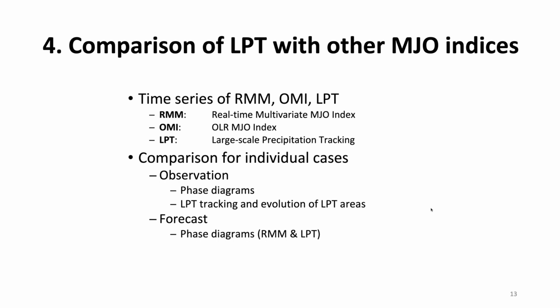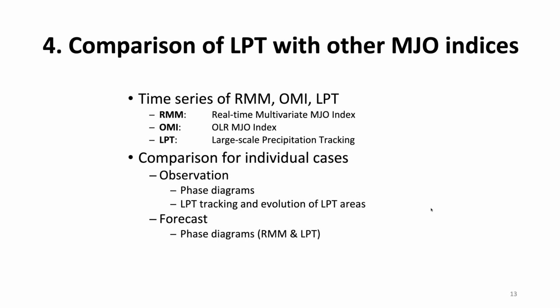So here we have a comparison for the past 5 or 6 years, starting 2017. We have the black curve for RMM, the red curve for OMI, and LPT is plotted in blue. We see different types of periods.